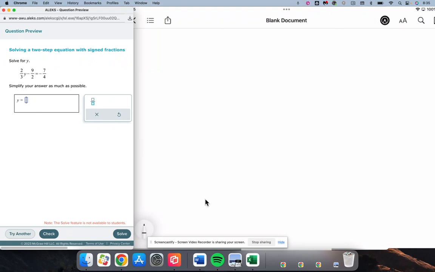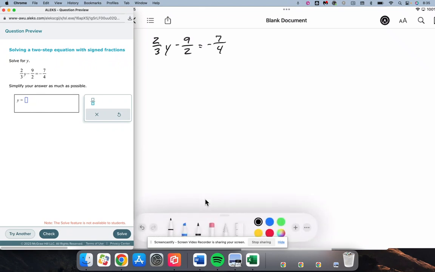And so what we're going to do is take our 2/3 y minus 9 over 2 equals negative 7 over 4. And we're going to multiply both sides by 12 because those denominators each multiply evenly into 12.